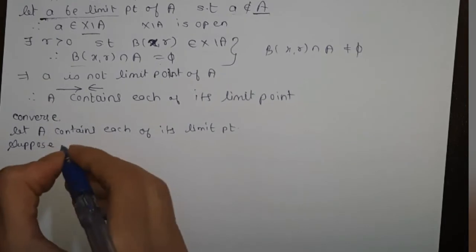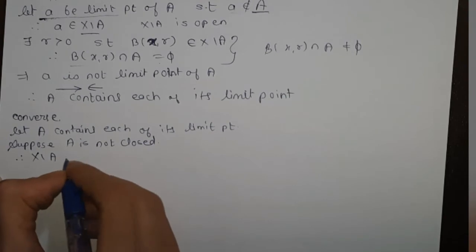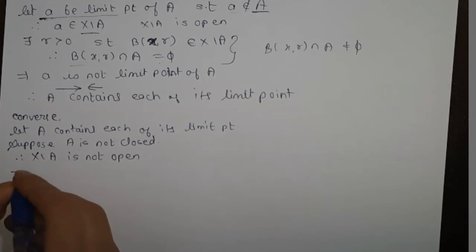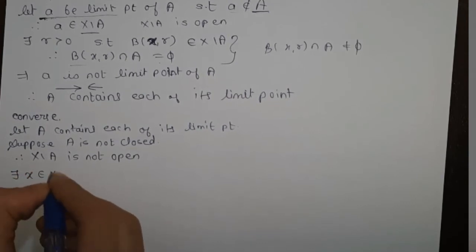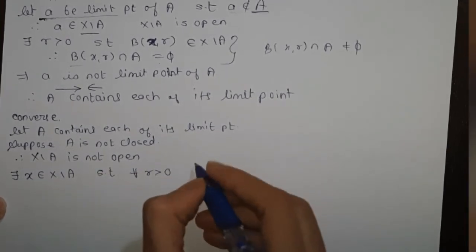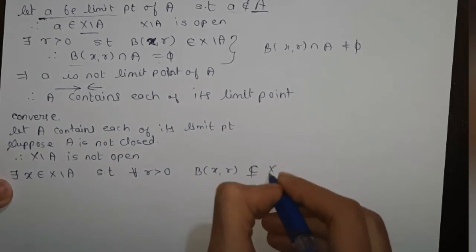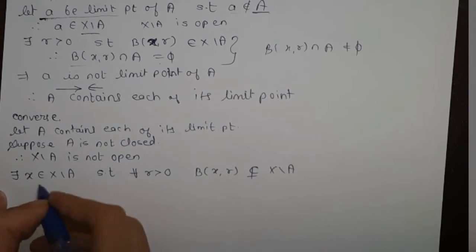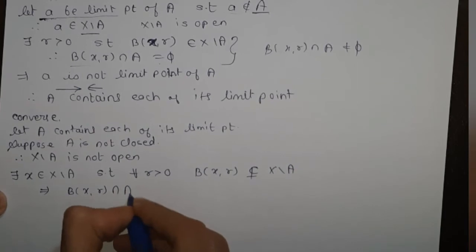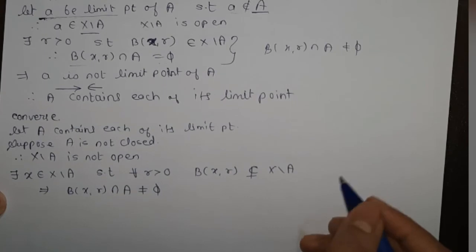So we assume A is not closed, which means the complement of A is not open. Now we apply the definition. There exists x belonging to X minus A such that for every r greater than 0, B(x, r) is not a subset of X minus A, which implies B(x, r) intersection A is not empty.